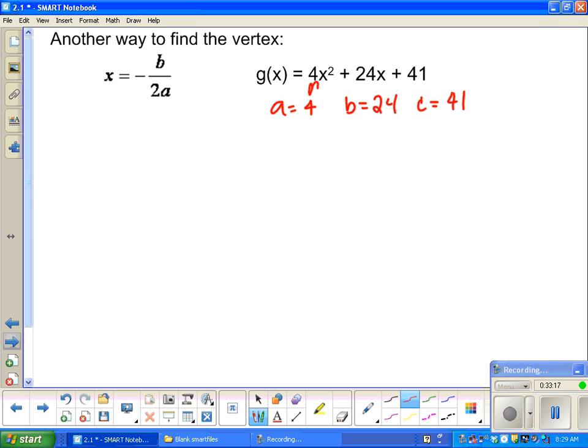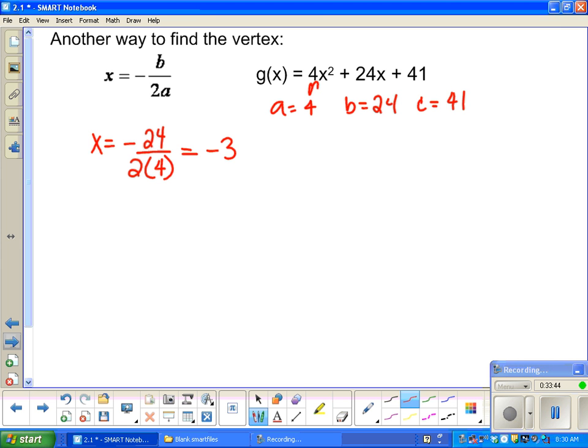Okay, so x equal opposite b over 2a. -24 over 2 times 4. So -24 divided by 8 is -3.